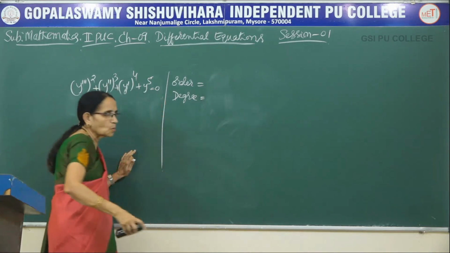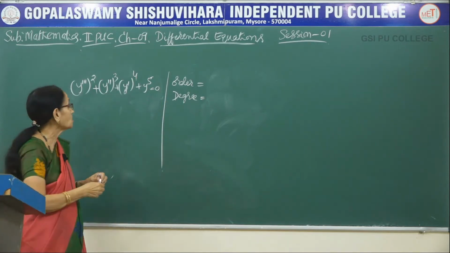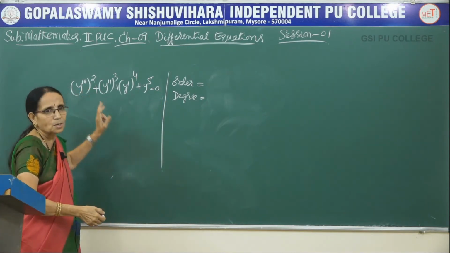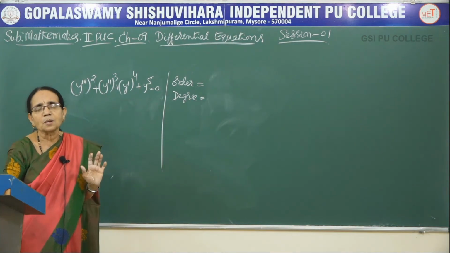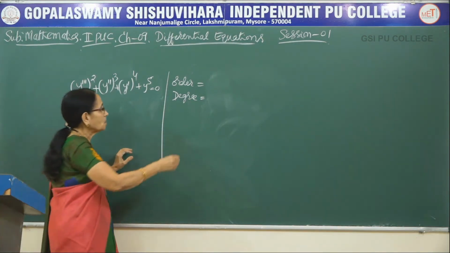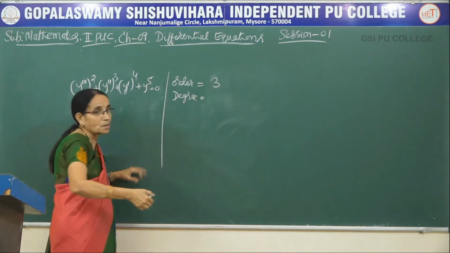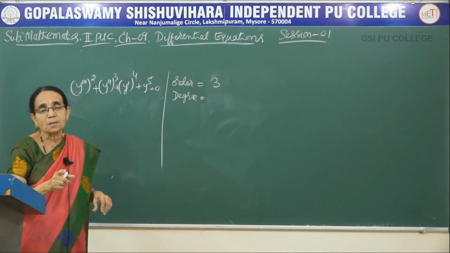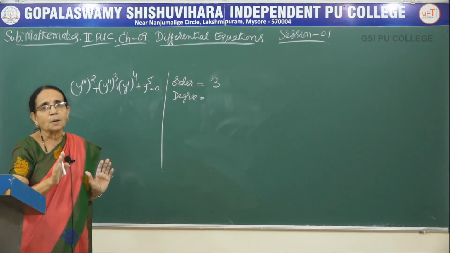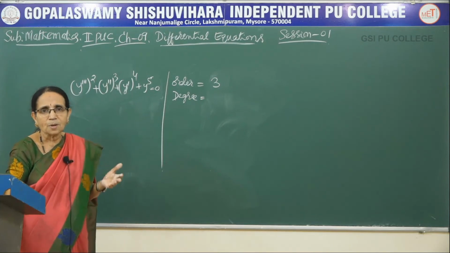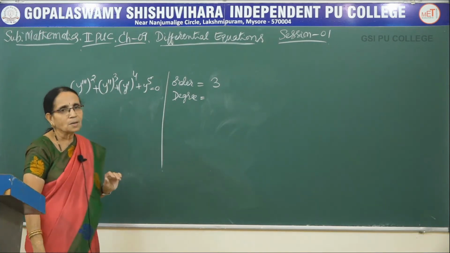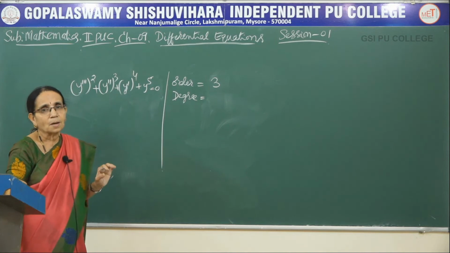Let us see what the degree and the order of this one are. For y''', how many times has it been differentiated? Three times, and that is the highest order. So the order is 3.